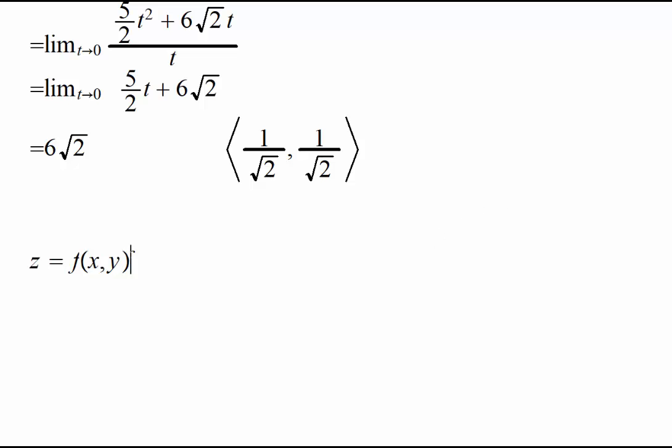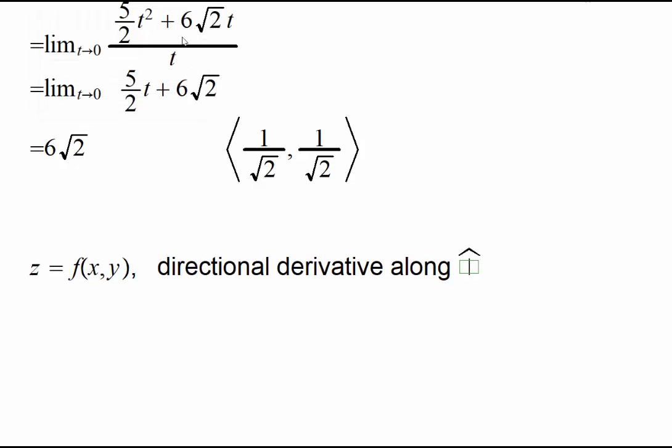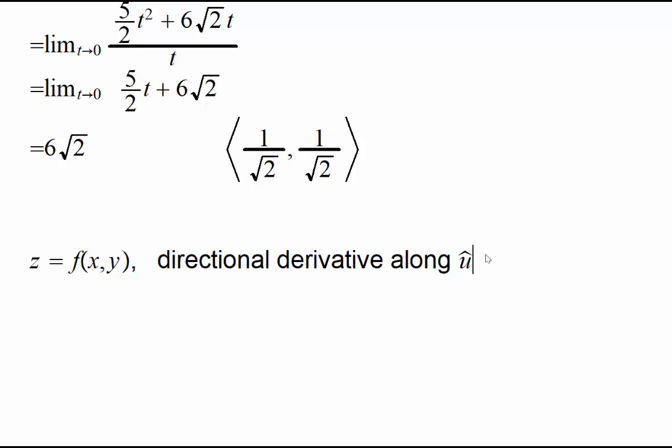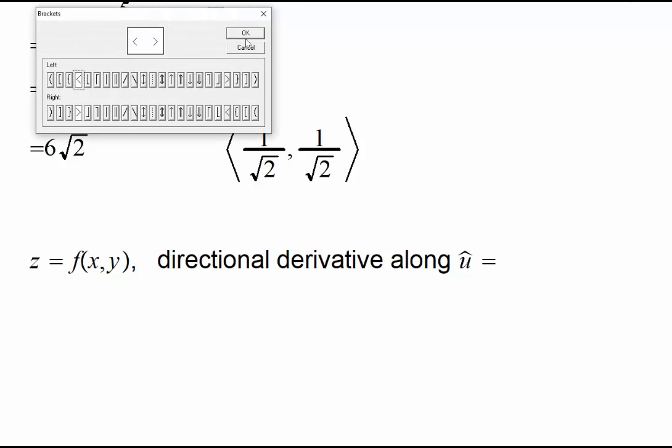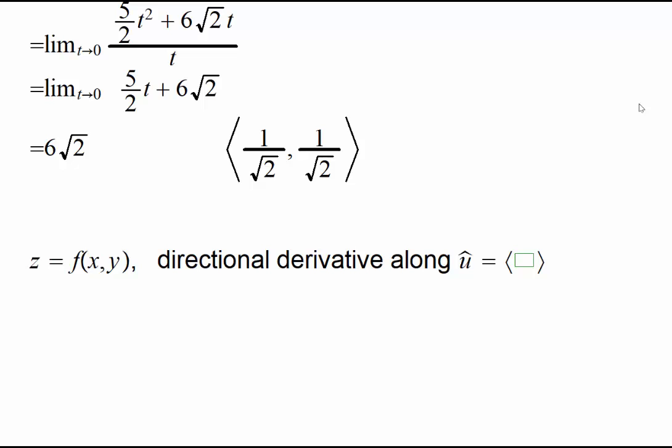All right, then in that case, for the directional derivative along, say we are taking a vector, we are calling it u hat, and let's let that be u1, u2, where u1 and u2 are components of a unit vector, and u1, u2 here are fixed.